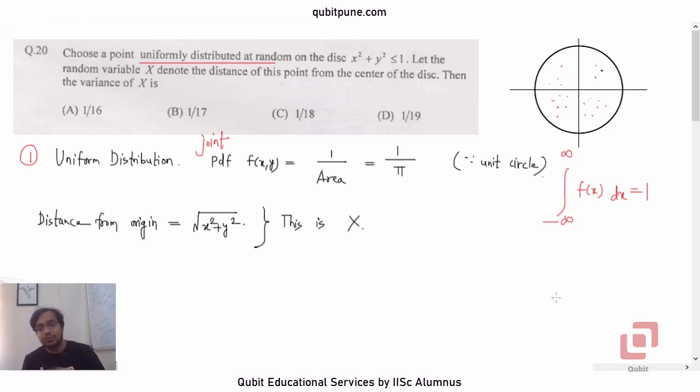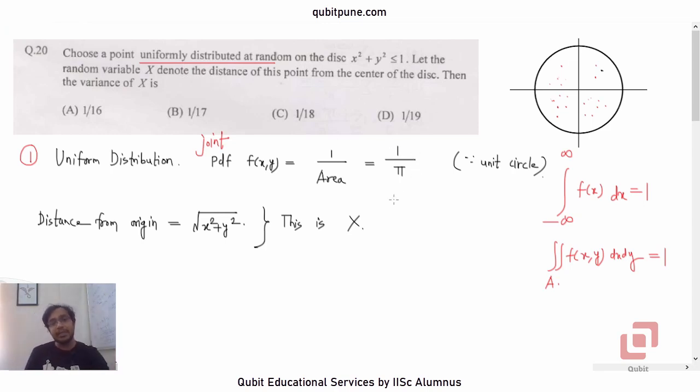So we must have the double integral of our function f of x comma y with respect to dx dy equal to 1 over the unit circle A. So that's the reason we have to choose the PDF as 1 upon pi, because of two things. First, the net value should be 1. Second, the point is uniformly distributed, so it has to be 1 upon the area.